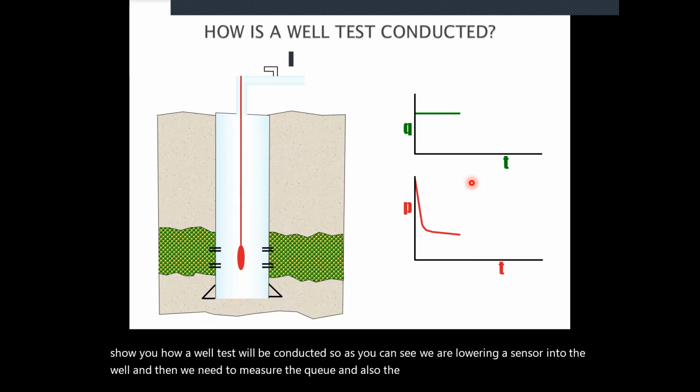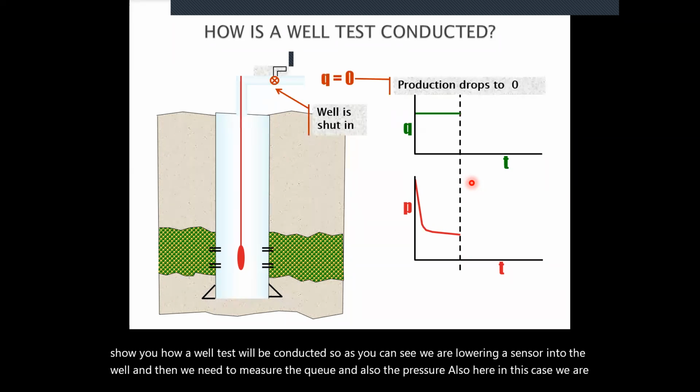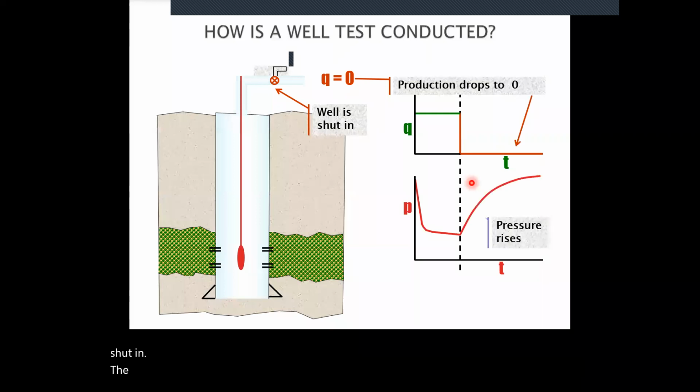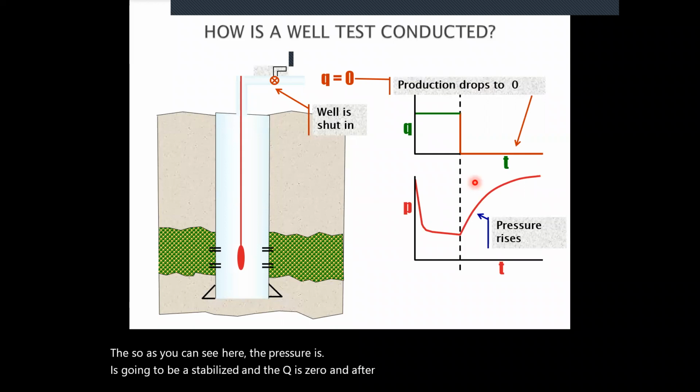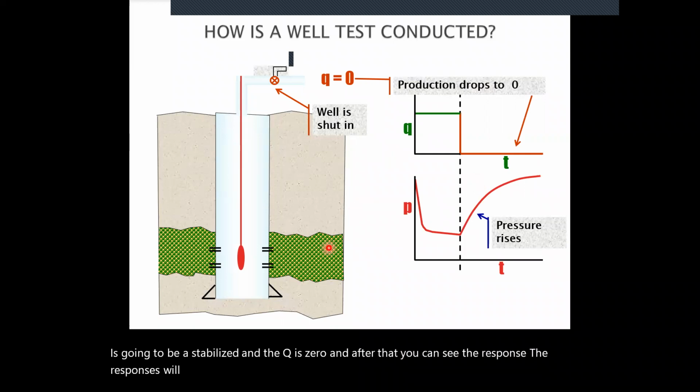In this case, we shut in the well. As you can see here, the pressure is going to stabilize, and the Q is 0. After that, you can see the response. The responses will be recorded via the sensor, and as you can see, the pressure is increased. This is a typical build-up test.